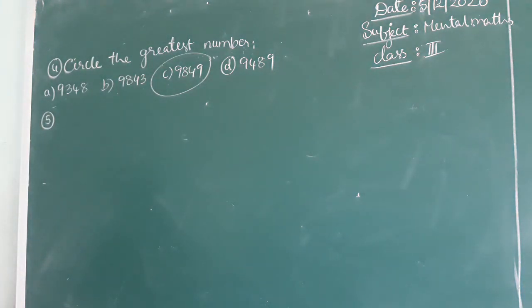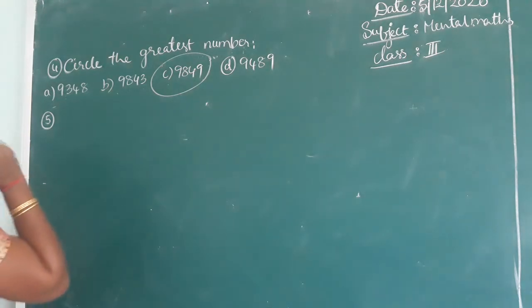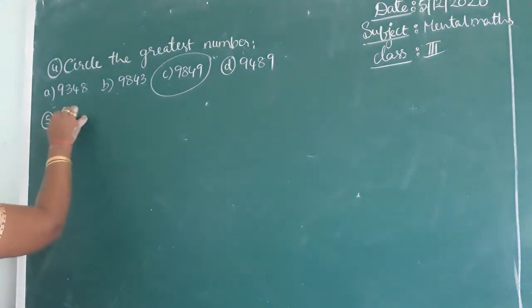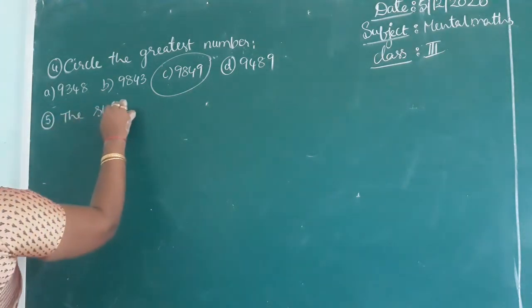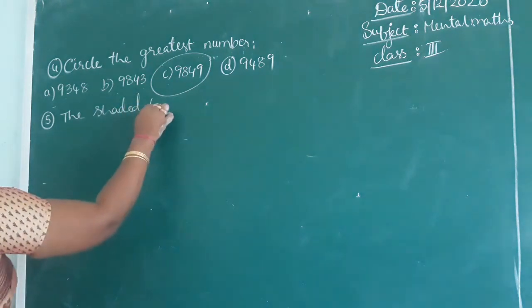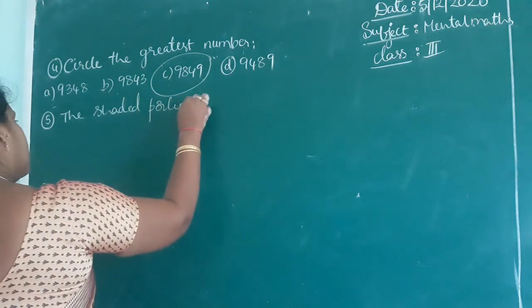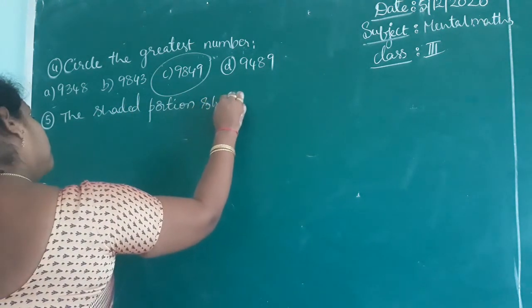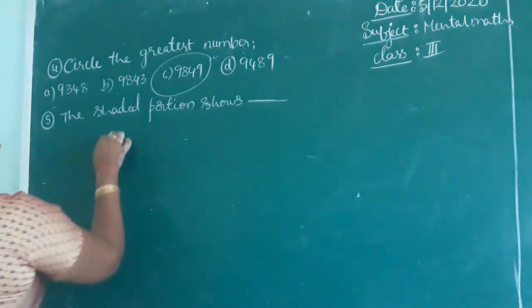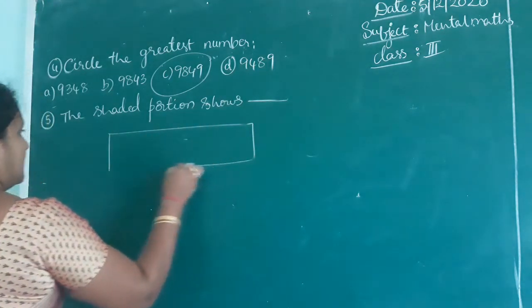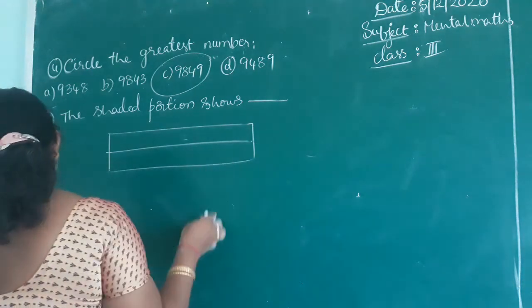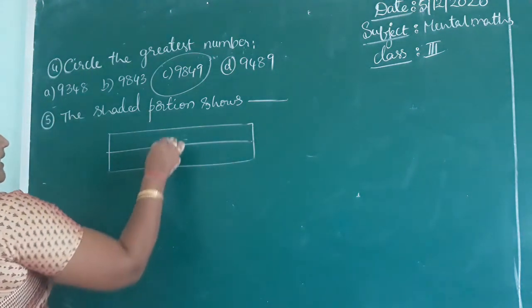See the fifth one. The shaded portion shows. What does it show? See the shaded part. Here they divided this one into 16 equal parts.